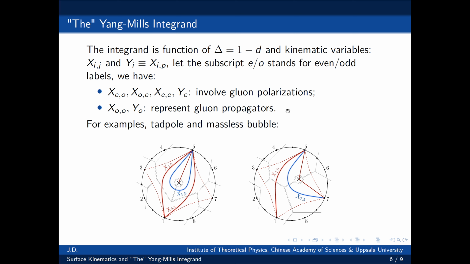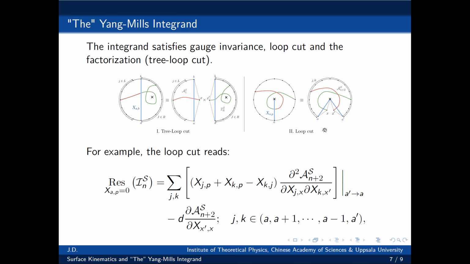Now, let me explain the three important features very quickly. For tuples and massless bubbles, we do have kinematic variables that correspond to their propagator. So these things appear quite naturally as regulators in our language. And as I mentioned, our integrands satisfy gauge invariance and the loop cut.